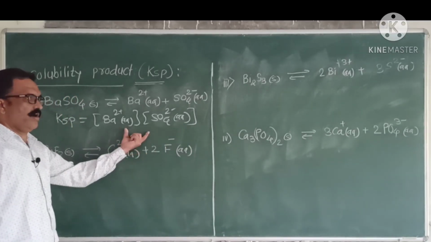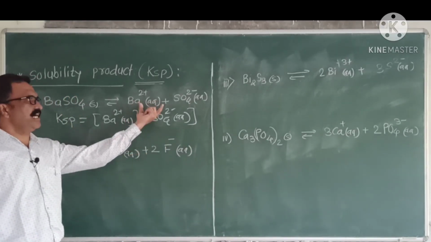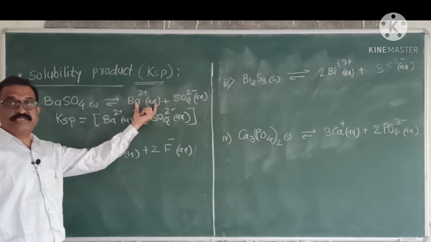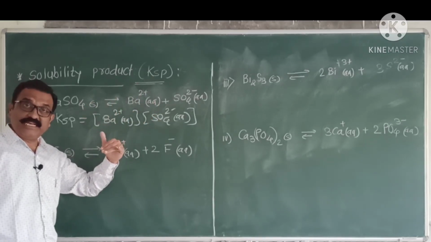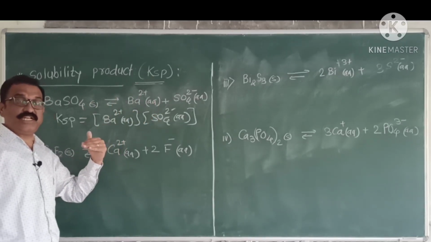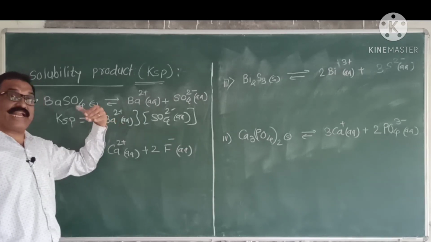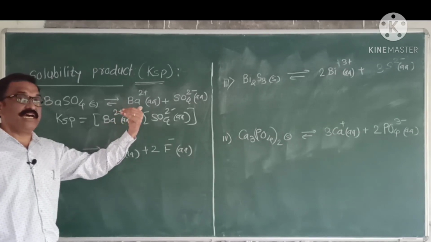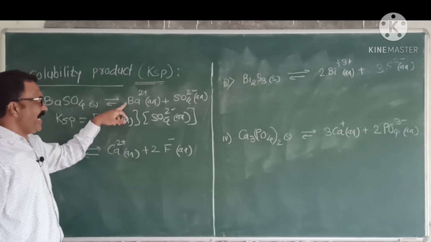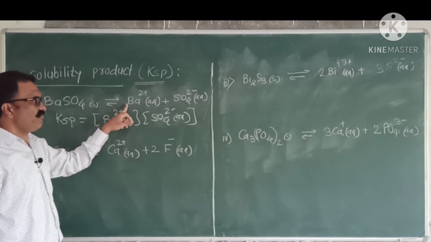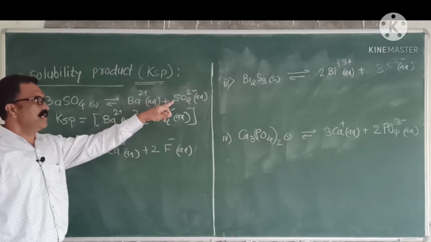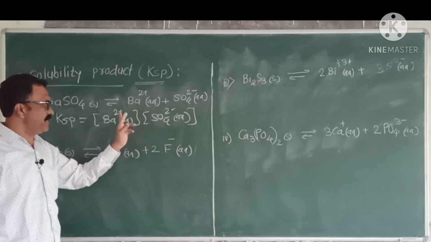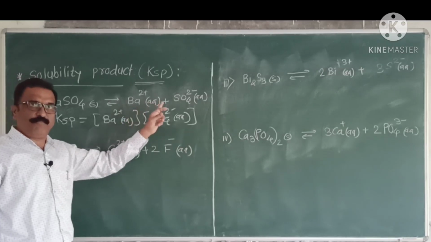The product of the concentrations of ions present in a saturated solution is raised to the power of their coefficients in the balanced equation. Here the coefficient for Ba2 plus is 1, and for the sulfate ion is also 1. Hence, there is no power.